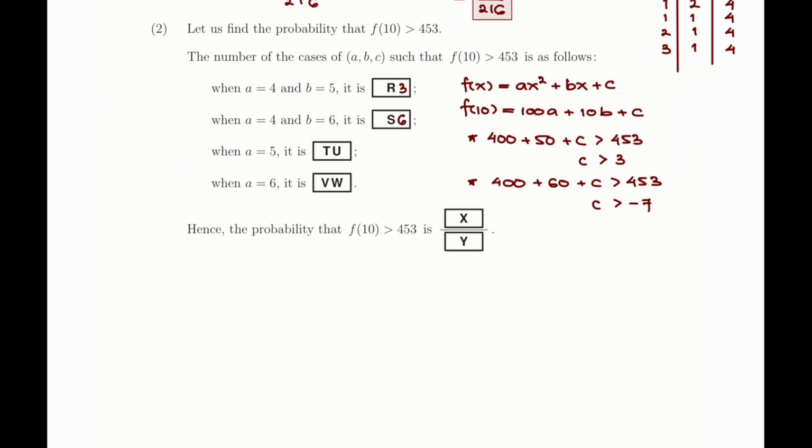By using the same concept, when a equals 5, that means 500 plus 10b plus c is greater than 453.